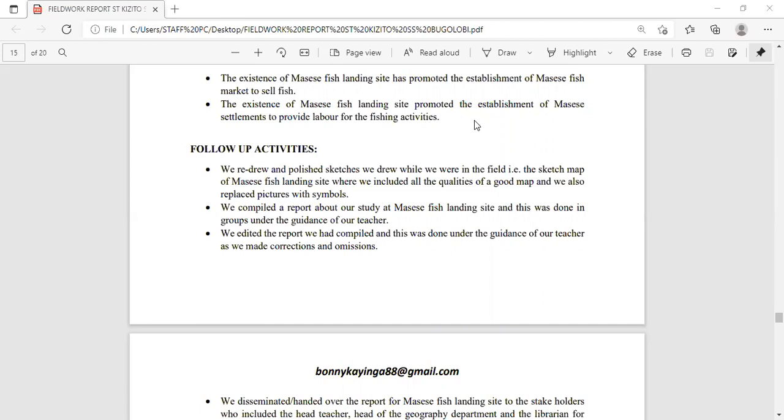We use observation to see. Observation involves the naked eyes, and with the help of other senses, to see and identify the features around.